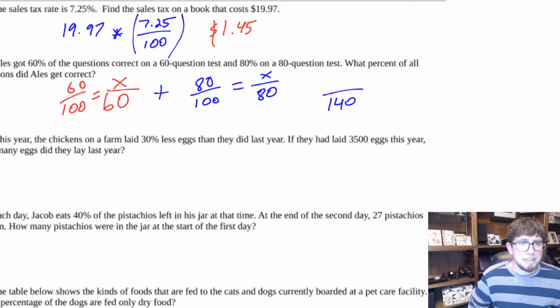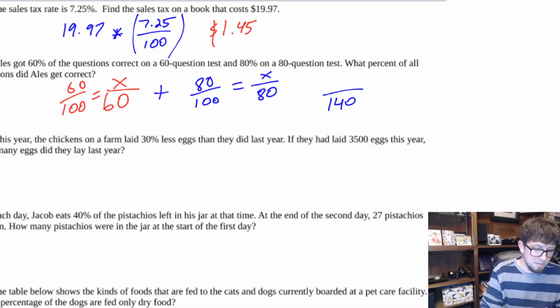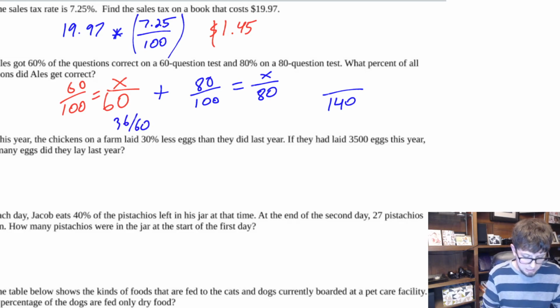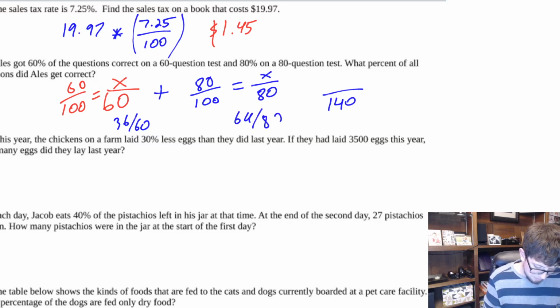If you're trying to find 60% of 60, you can just take 60 times 0.6, but you can also do the cross multiplying. Anyway, this will be 36 out of 60, and this one will be 64 out of 80. So 36 plus 64 is 100 out of 140.